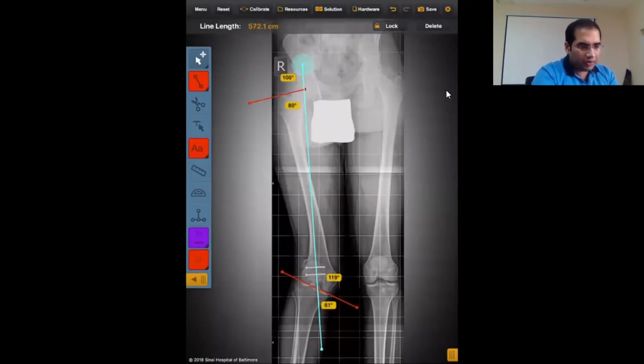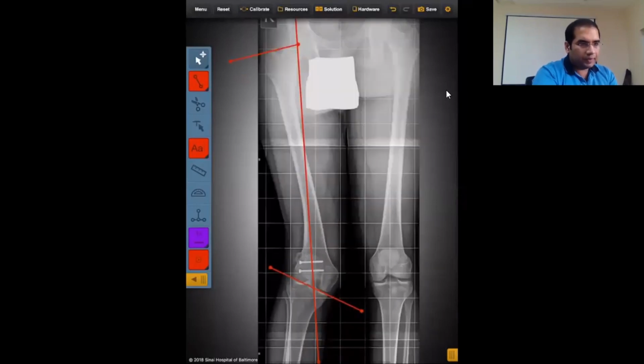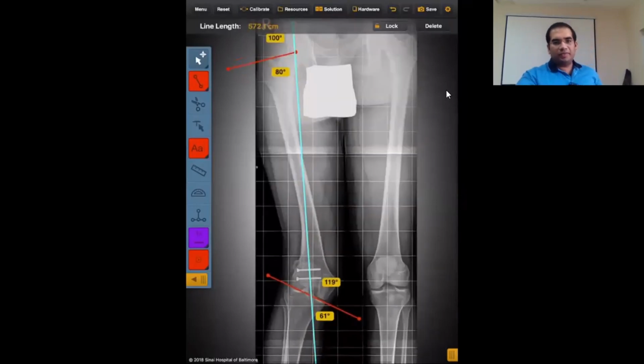Here, what has happened over here? Okay, see, the lateral proximal femoral angle is 80 degrees, and the lateral distal femoral angle is 61 degrees. What does it tell you?